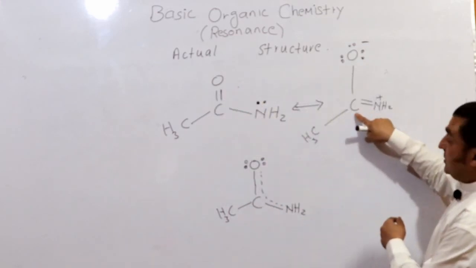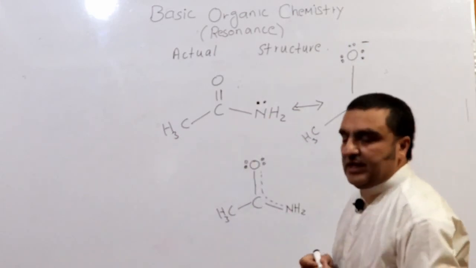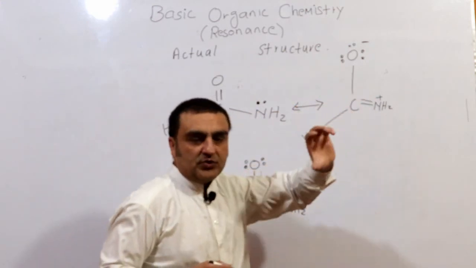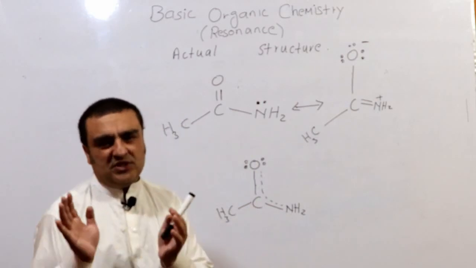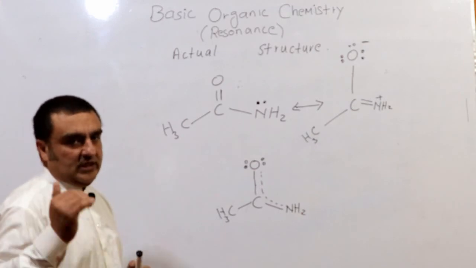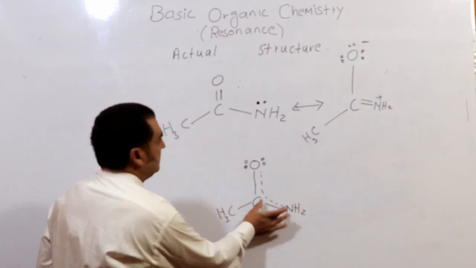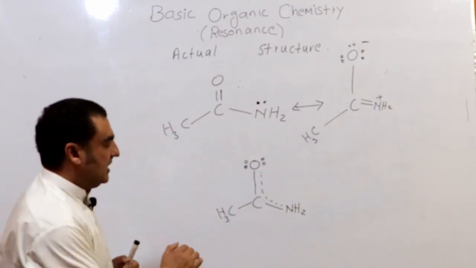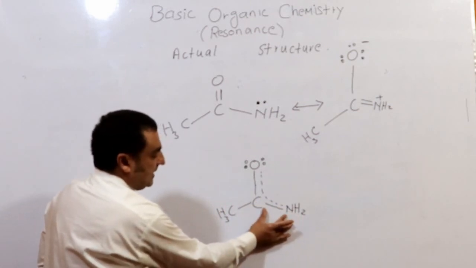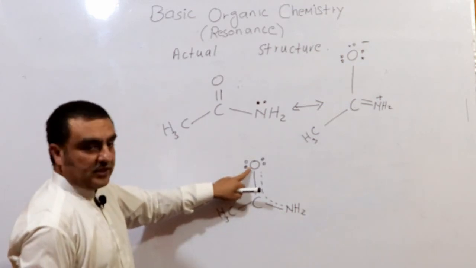And this CN bond is now double and it is shorter than this one, but it is not a true double bond and it is not a true single bond, because the contribution is very small. So another thing we need to understand is that this will not be a true single bond, because the electron cloud will make this CN bond shorter and this one longer.